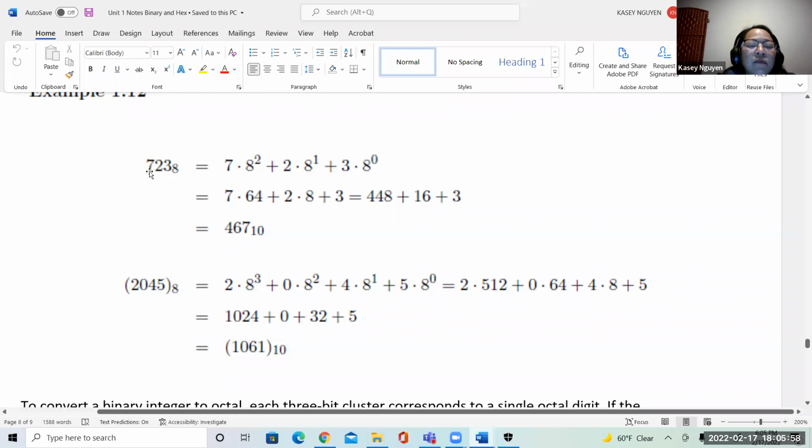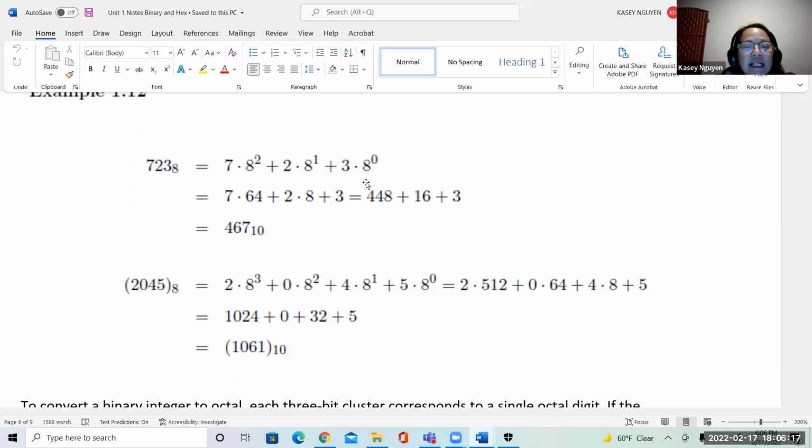And so here, when you see the number 723 in octal, we can convert it into our decimal base by doing the multiplication method, just like how we did with hexadecimal. But instead of multiplying by 16 as in hexadecimal, for octal you would simply multiply by 8 to the nth power, starting with the right.